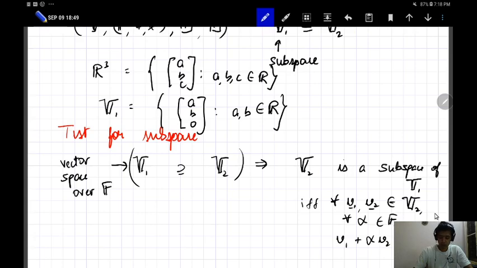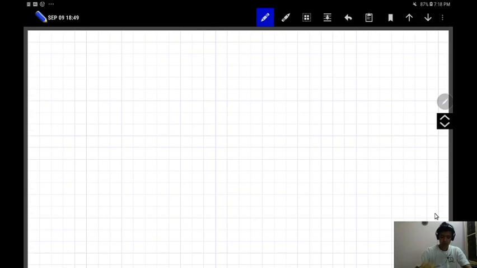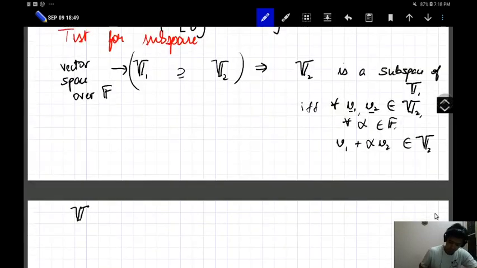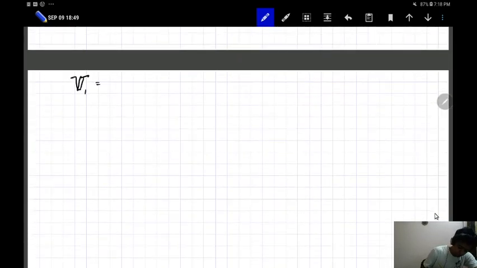So maybe let's see an example. Let's take V1 to be R3 and V2 is the set we've seen previously. So let's take another example.